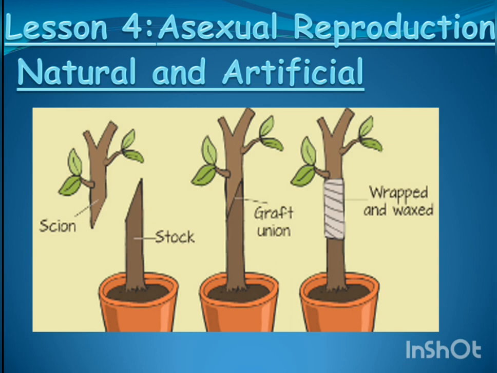The part of the plant which we cut and bring to the other plant is called the scion, S-C-I-O-N. And the part to which the scion is tied is called the stock. So this method is called grafting. The scion takes nutrients through the stock, develops into a shoot, and starts forming a new plant.